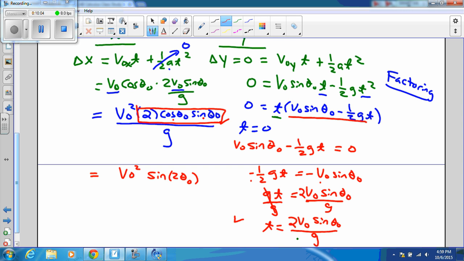If you haven't yet been in trig, then just accept that as a weird but interesting fact. If you have been in trig, then you recognize that as the famous double angle identity. And then, of course, all of that is still divided by g. So this is the concise expression for our range.